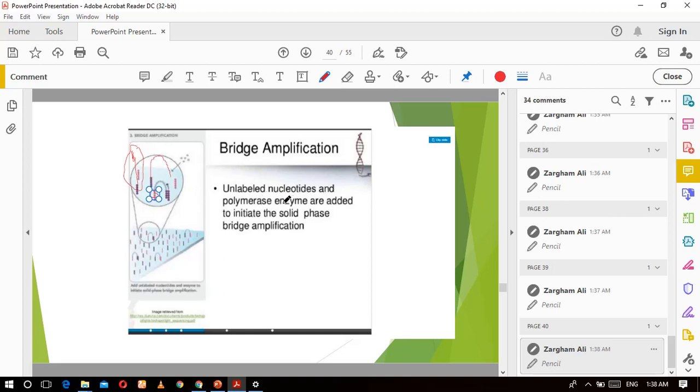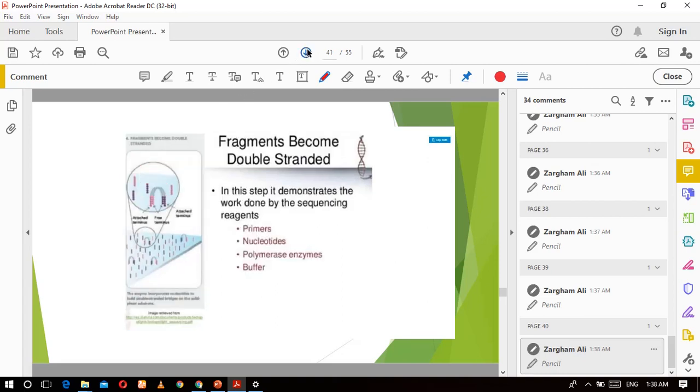Unlabeled nucleotides and polymerase enzymes are added to initiate the solid phase bridge amplification. Bridge amplification means that when they find the similar color on both the tail and the head, the sequence which is already completed is bent towards the same sequence. Like this is purple, it will always bend towards purple, and the red is always bent towards red.